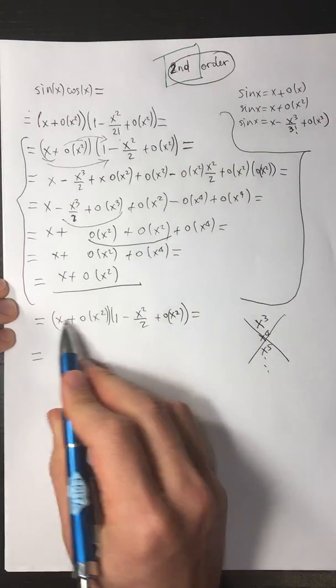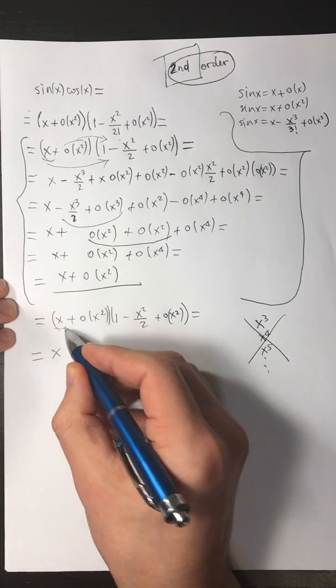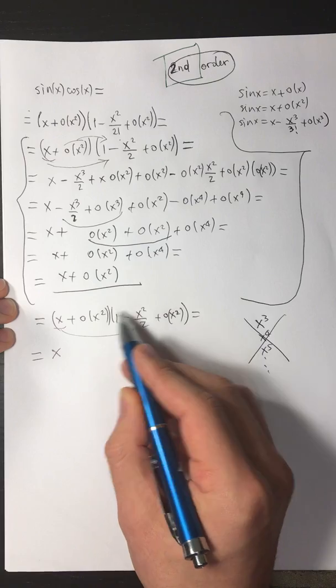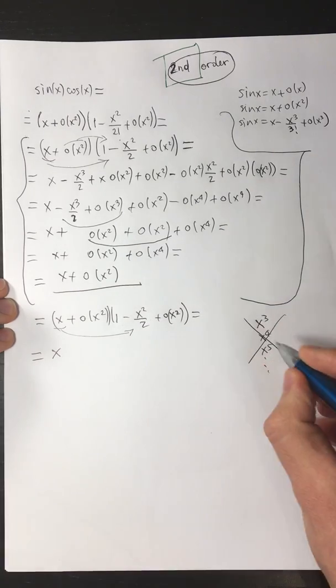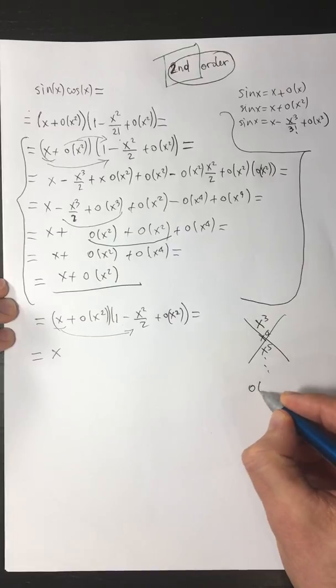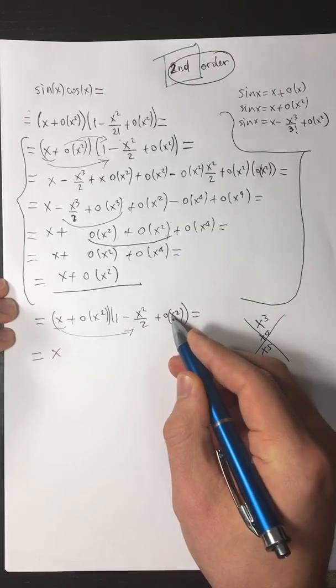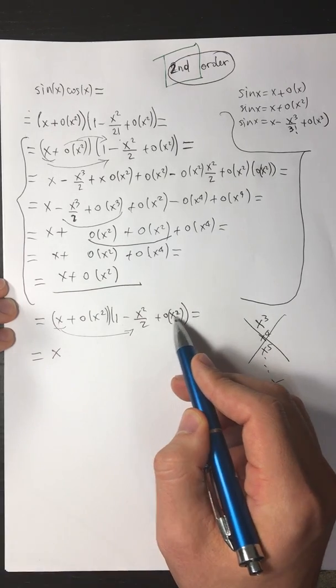If you multiply x by 1, it's x. That's why you write x. And if you multiply, I'm taking this one and multiplying to all, if you multiply x to x squared divided by 2, it's going to be x cubed something. So you don't need to write it. You can skip anything with ox square. You only need to write with one ox square and that's it. This one multiply this one, it will be ox cubed.